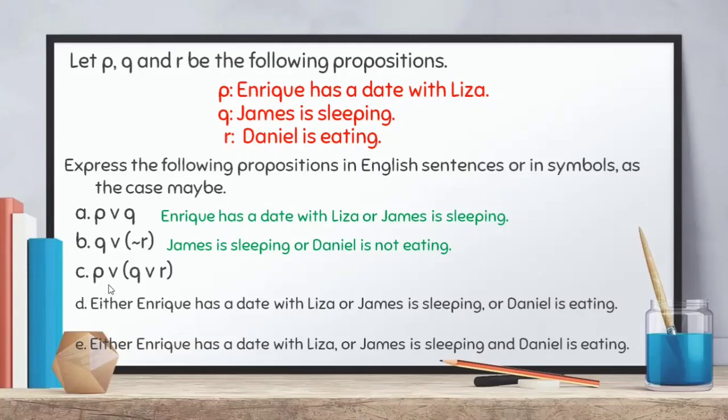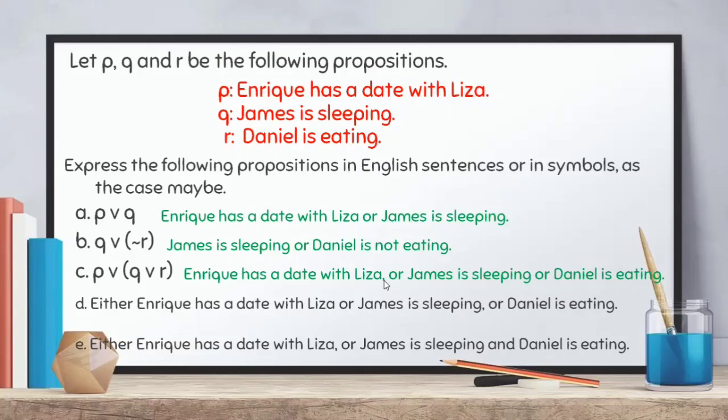How about our letter C? So P or, then we have here other propositions which are grouped. So we have Q and R grouped inside our parentheses. How are we going to write that in our English sentence? So first, you consider your proposition P. Enrique has a date with Liza. If we're going to check, we have propositions Q and R grouped as one proposition. So it follows that our first proposition, P, has a comma, right?